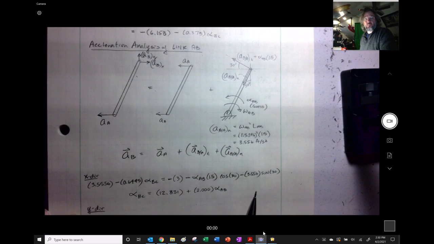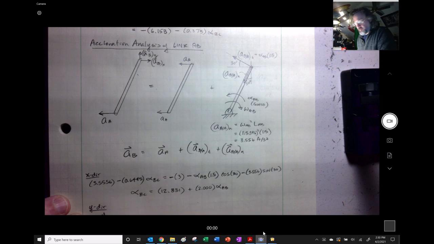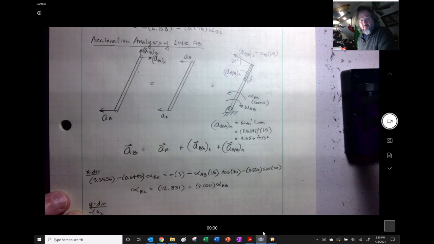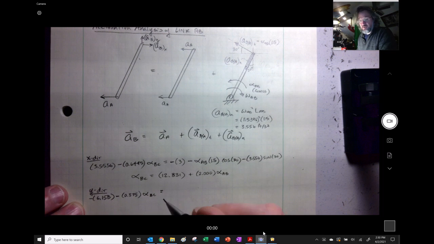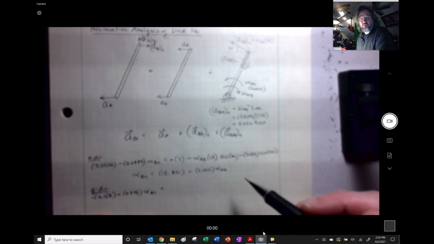So I can almost fit it right in there. So I write negative 6.158 minus 0.375 alpha BC is equal to, all right, so there's nothing going on right here. So that's 0 in the y direction.